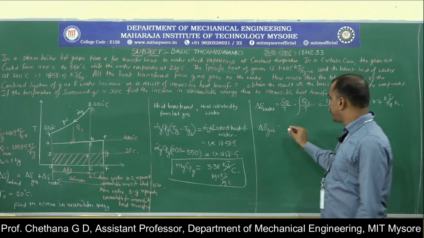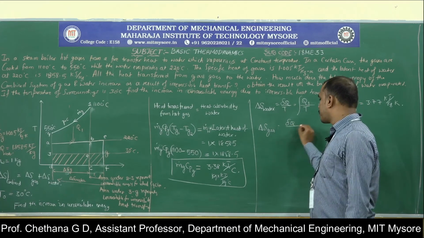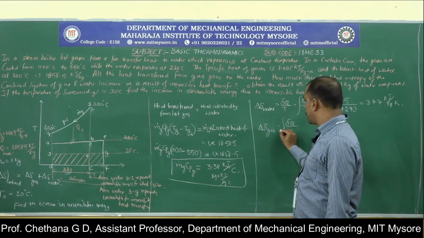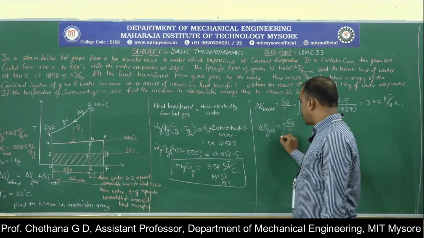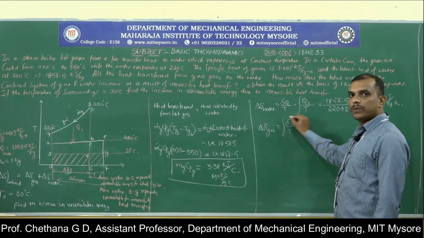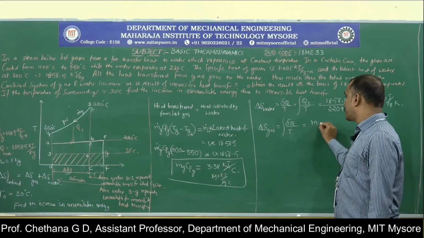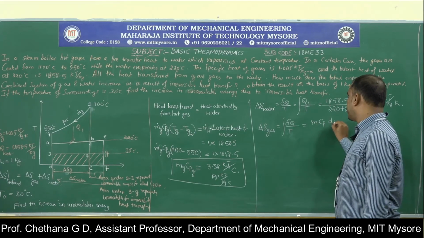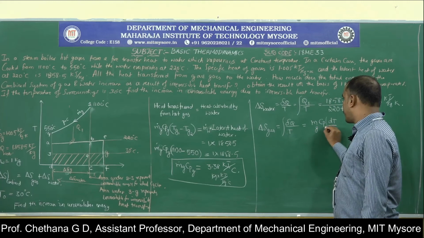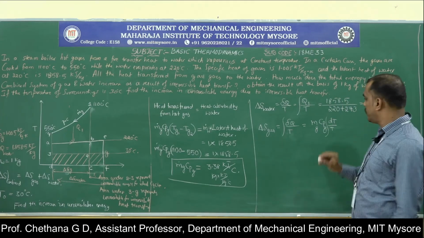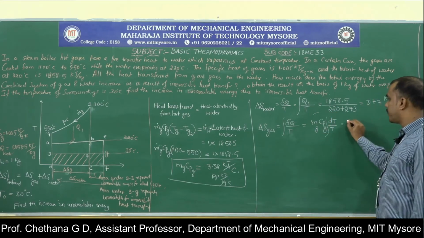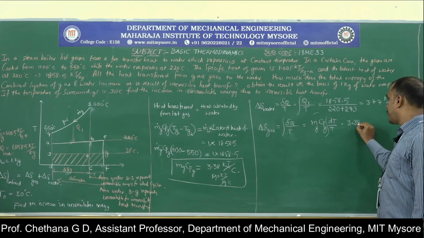Now similarly, what we are interested in is delta S of gas. Delta S of gas can be written as once again delta Q by T. Now it is happening between what? Temperature 1100 to 550. Delta Q is happening at constant pressure, m Cp dT by T. So mass of gas, Cp of gas into dT by T. Mass of gas into Cp of gas we have already found out as 3.38.